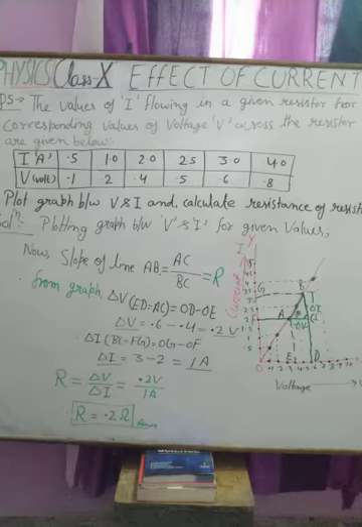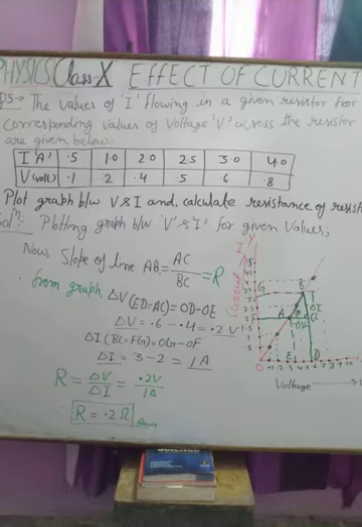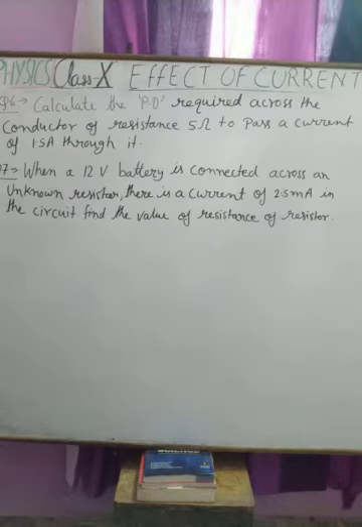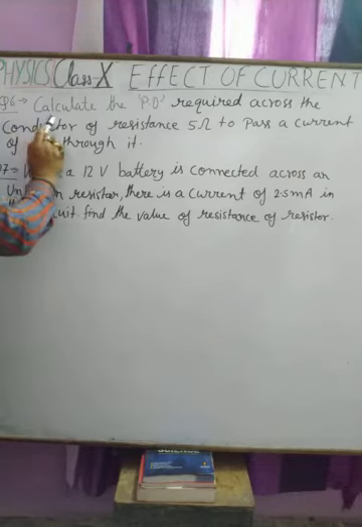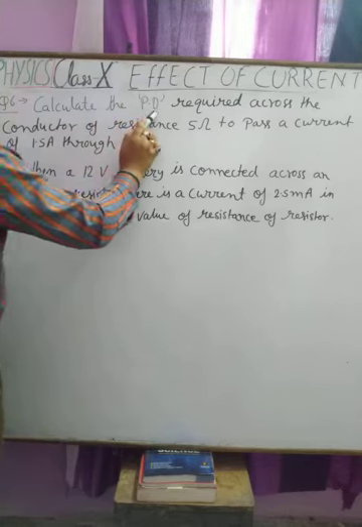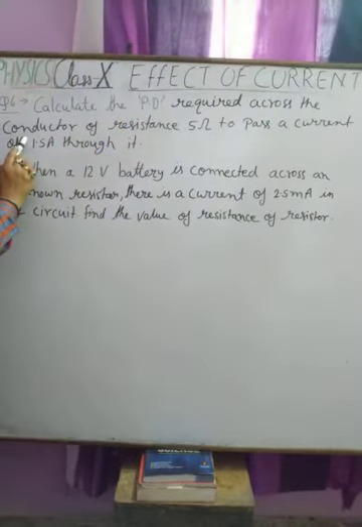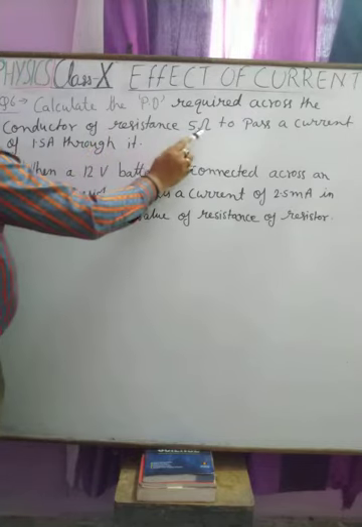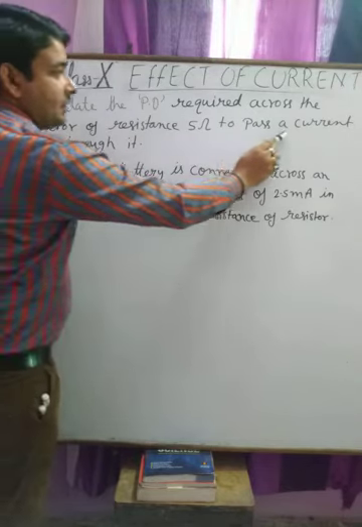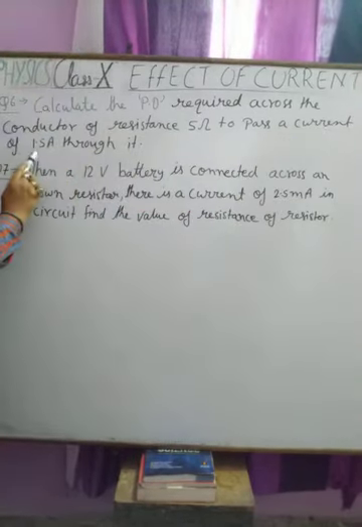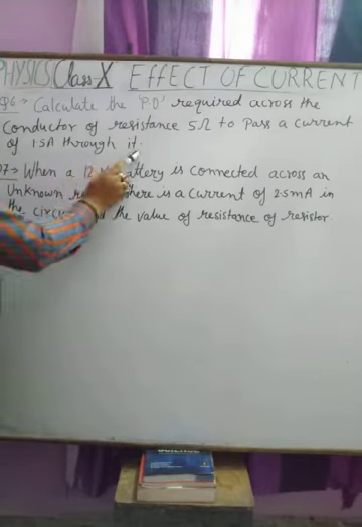Now we are taking another problem. Okay student, we have another problem. The first one is: calculate the potential difference required across a conductor of resistance 5 ohm to pass a current of 1.5 ampere through it.